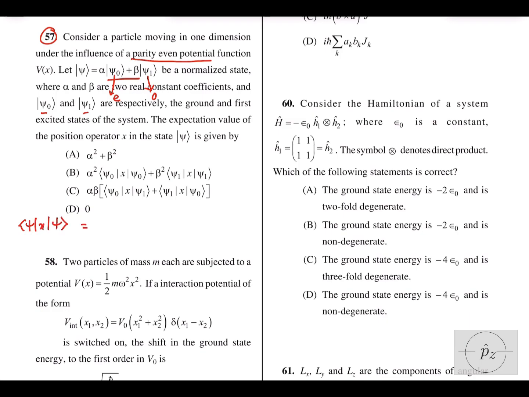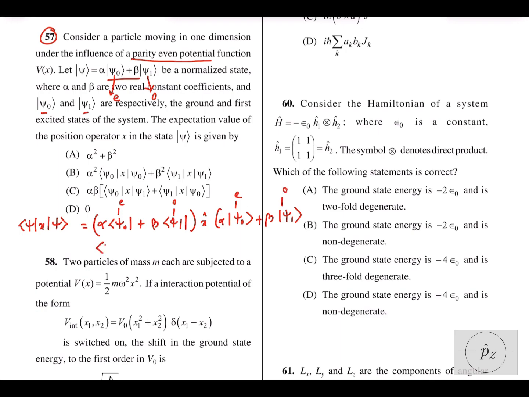So this is equal to alpha psi 0 plus beta psi 1, x, alpha psi 0 plus beta psi 1. So this is an even function, this is an odd function, this is an even function, this is an odd function.